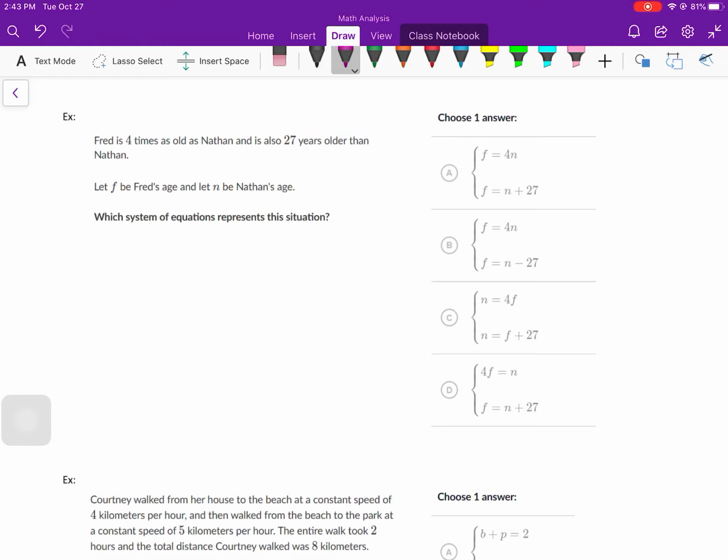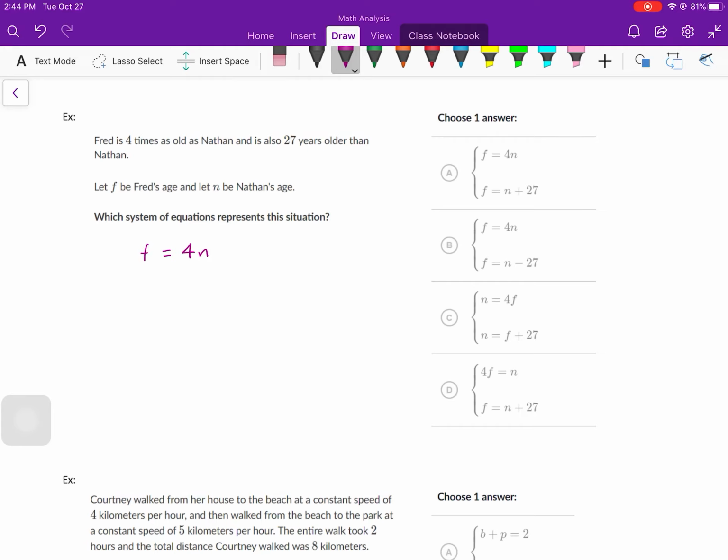Fred is 4 times as old as Nathan and is 27 years older than Nathan. Let F be Fred's age and N be Nathan's age. So we kind of have two different functions here. We have that Fred is 4 times Nathan's age, and it's actually little f, right, for Fred.